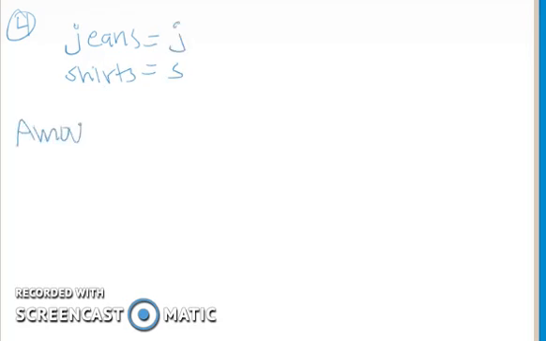We have an amount equation, how many she bought. So she bought 12 total items, and of those 12 items, they were made up of jeans and shirts. And then there was a value. The value of the jeans cost $16 and the shirts cost $12.